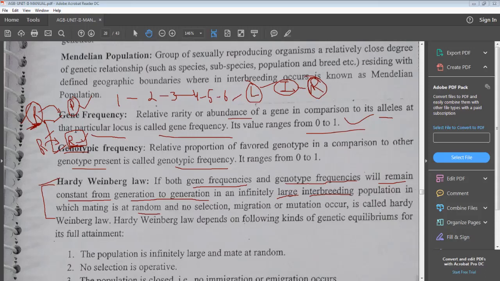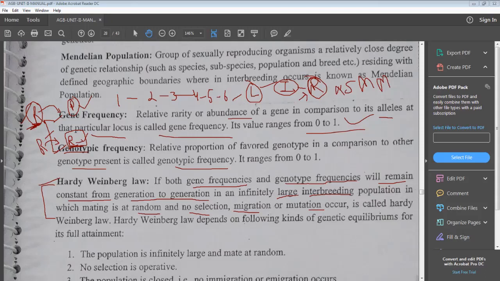There is no selection, migration, or mutation. So, population size is large, it is an interbreeding population with random mating, and there is no selection, migration, or mutation. This shows the Hardy-Weinberg law.